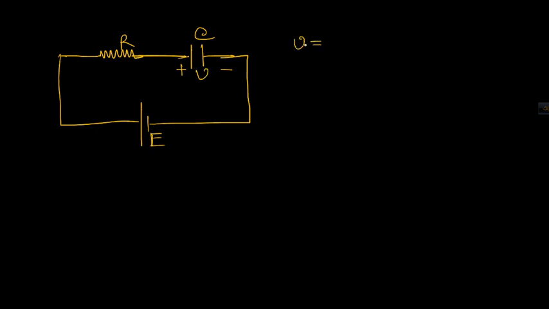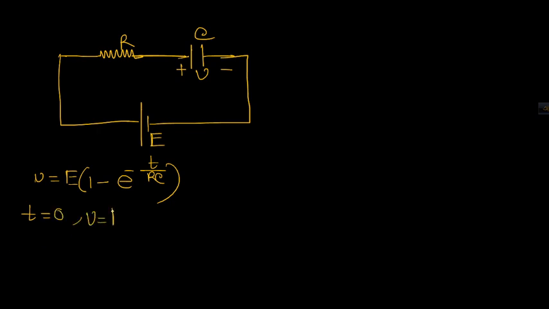The capacitor's voltage is V equals E times (1 minus e to the power minus t by RC). Okay, so let's assume when t is equal to 0, then e to the power 0 would become 1. So the capacitor voltage is 0, normal.